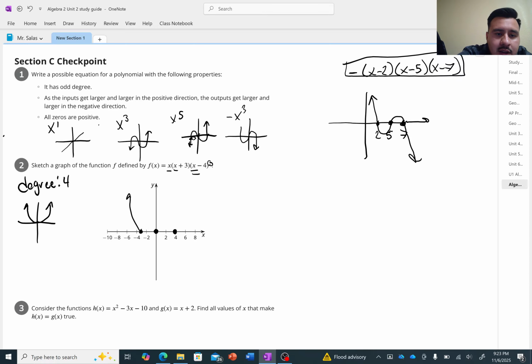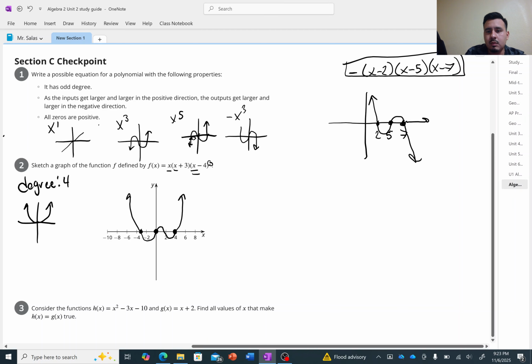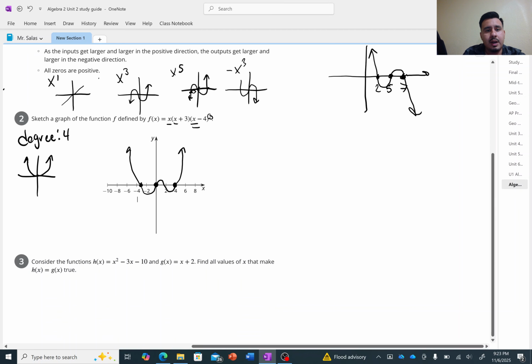So I'm going to have this intersection here, this intersection here. I can choose however I want to connect the center. I don't care. I can make it like a W. That's fine. And that is it for my sketch. Okay.